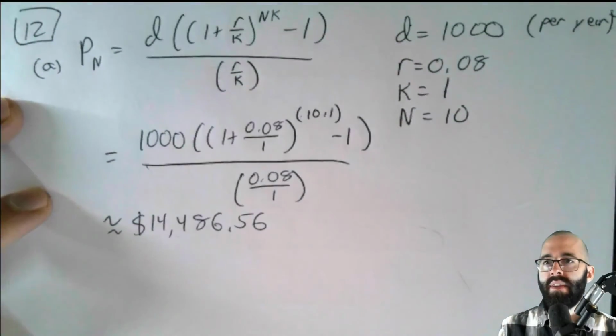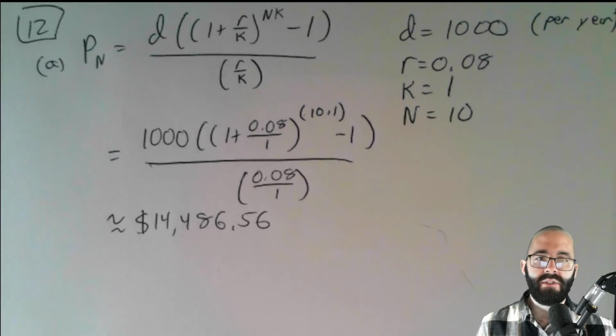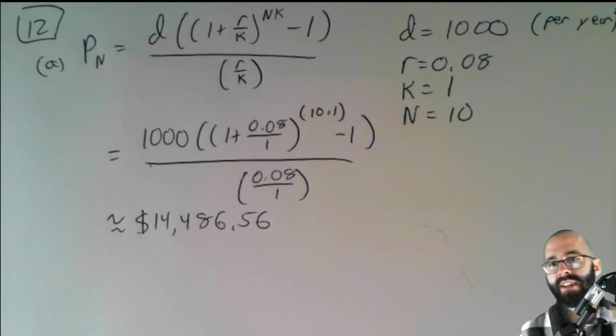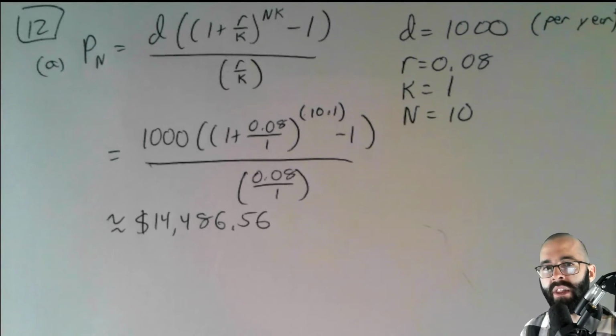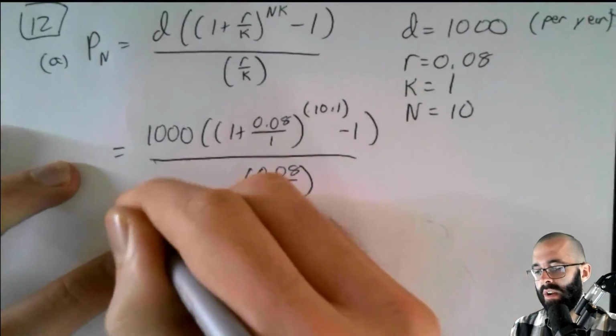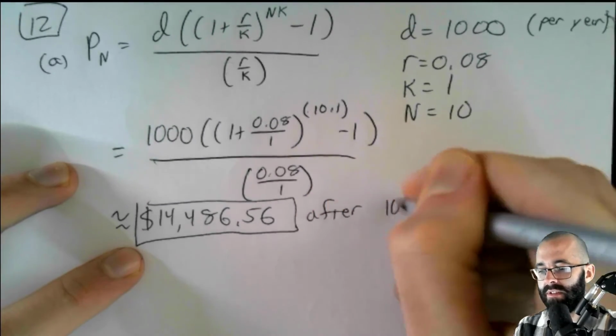That's our answer to part A. Part A asked, how much will you have in this account after 10 years? We're depositing $1,000 every year and we're gaining interest. Then after 10 years, we can have this much money in our account.